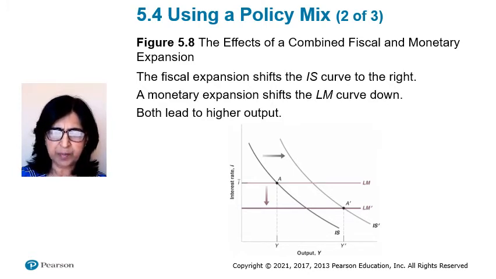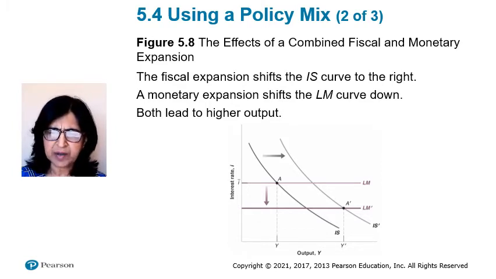However, fiscal and monetary policies have different effects on the composition of output. A decrease in income taxes tends to increase consumption relative to investment. A decrease in the interest rate affects investment more than consumption. Thus, depending on the initial composition of output, policymakers may want to rely more on fiscal or more on monetary policy.